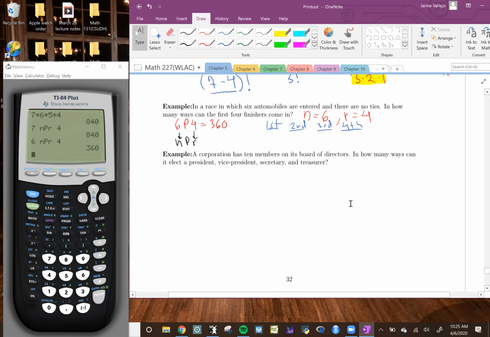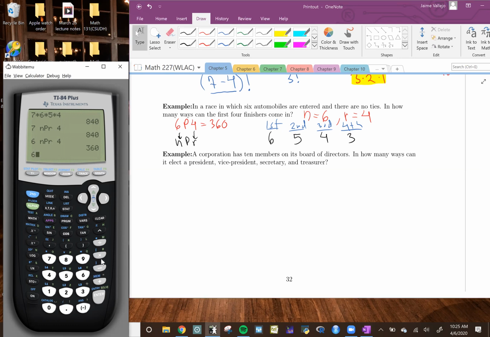Also, for this one, you could do it logically. How many options do we have to choose for first place? There are 6 people that could come in first place. Once someone comes in first place, now there are only 5 people that could come in second place. Now there are only 4 people that could come in third place, and only 3 people that could come in fourth place.